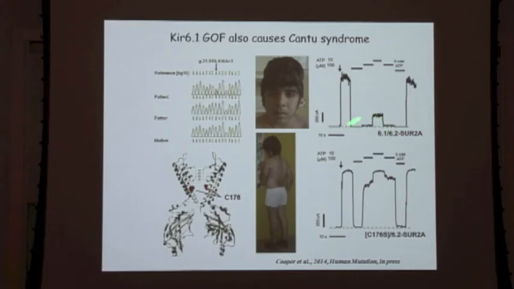When you mix the two, you get high sensitivity to inhibition by ATP in wild-type mixtures, but if you mix in the C176S mutation, you can see very ATP-insensitive channels, which you never see like this for Kir6.2 alone. So it's demonstrating that we do have a gain of function from Kir6.1 and SUR2 in this case.